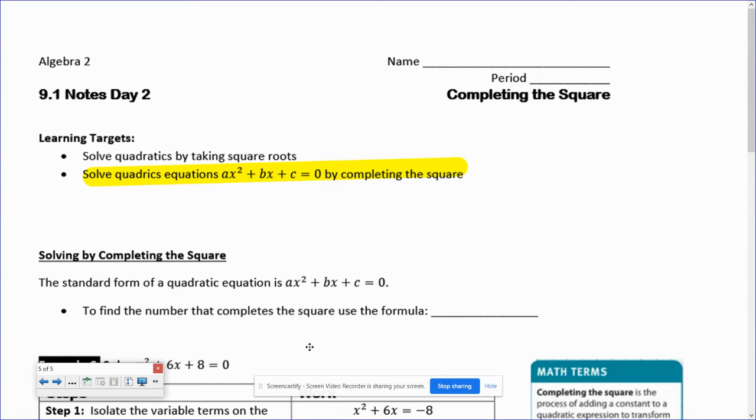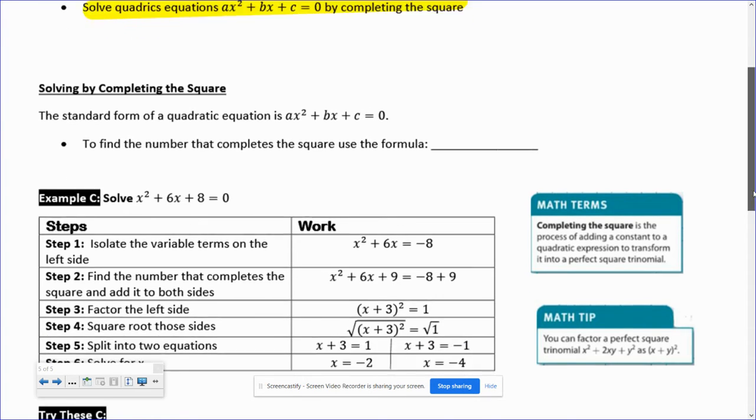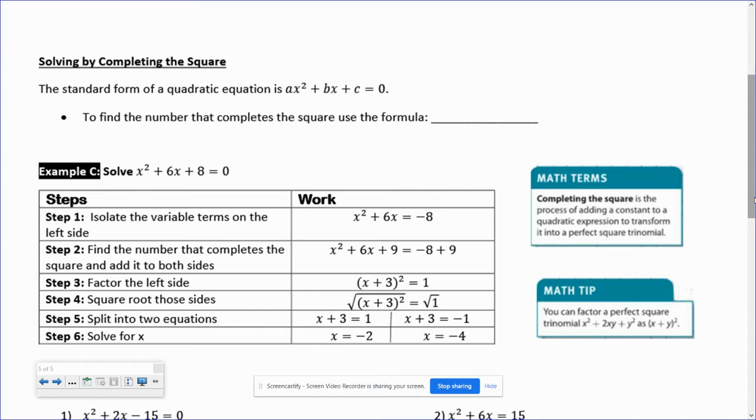Okay, so to complete the square means that we're going to add in another term so that we can get a perfect square trinomial, which allows us to factor. This is a perfect square trinomial because when we factor it, we get the same factors, x plus 3 times x plus 3, which we could rewrite as x plus 3 squared, and square root both sides like we did in yesterday's video.